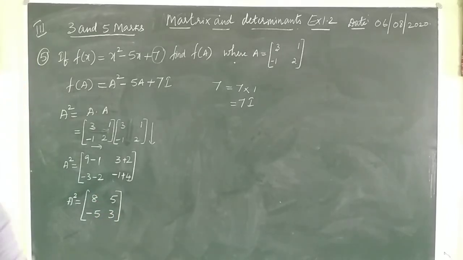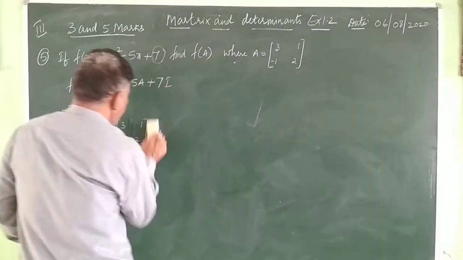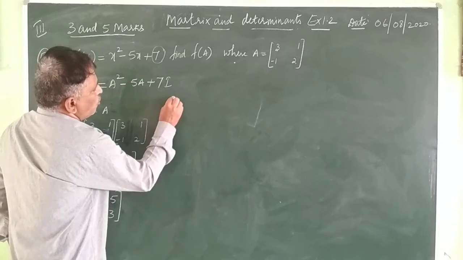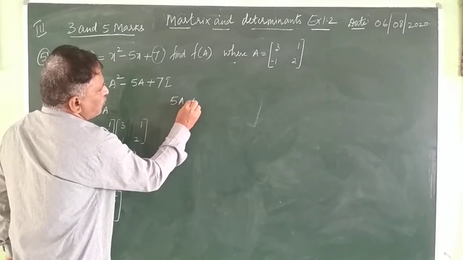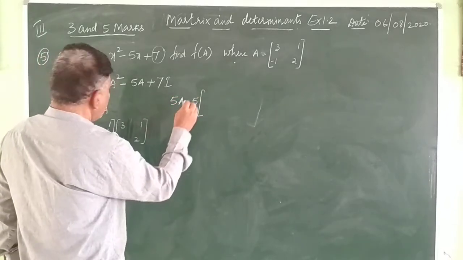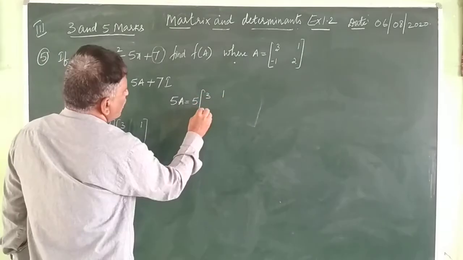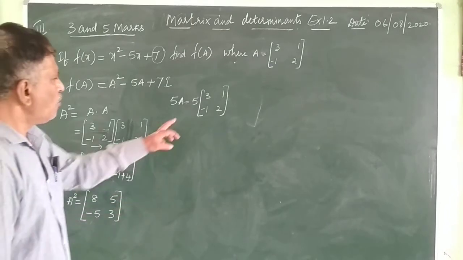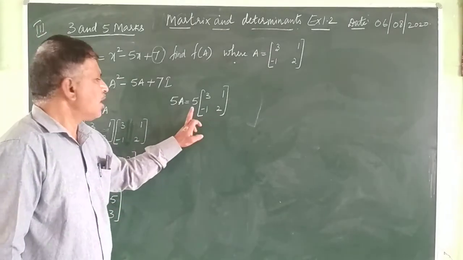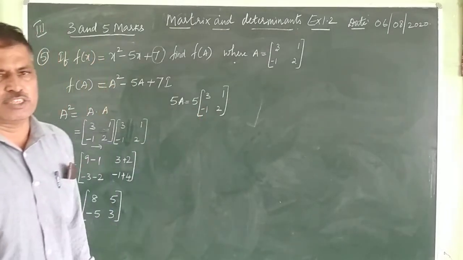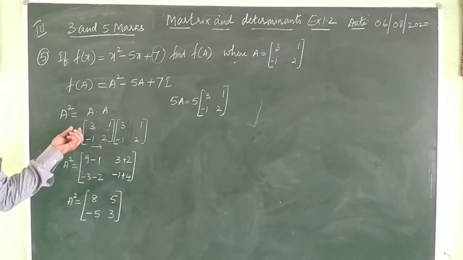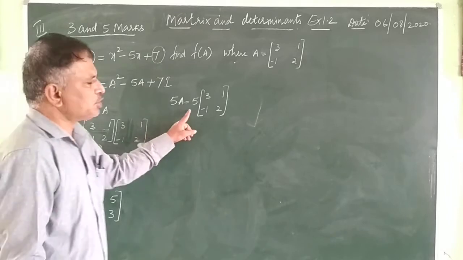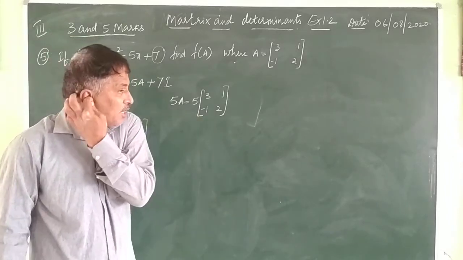Next, I need to find out 5A. Don't write minus 5A, just take 5A. 5 into matrix A, 3, 1, minus 1, 2. So 5A means 5 into matrix A. That means it is scalar multiplication, unlike matrix multiplication.